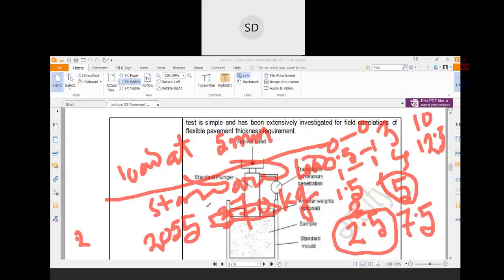But if the opposite happens, that is, if the 5 mm CBR value is more than the 2.5 mm value, then you have to repeat the test. If after repeating the test you get a similar result, then you have to consider the 5 mm penetration value as the CBR value.